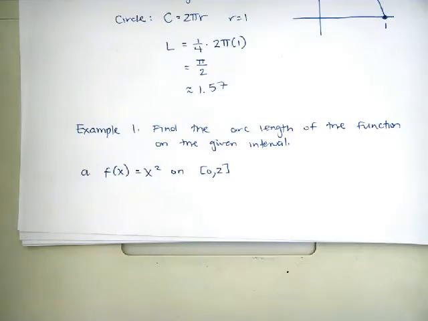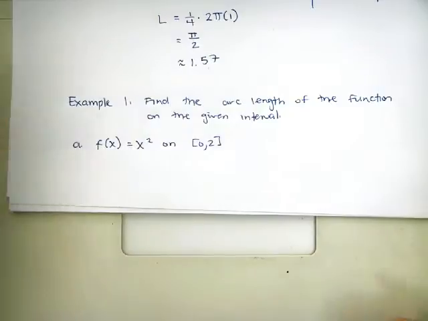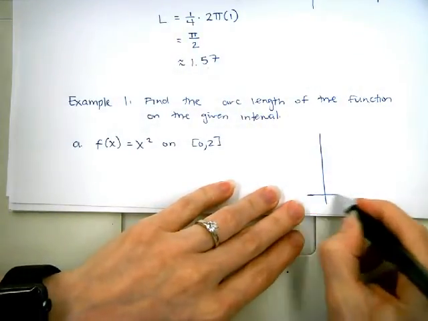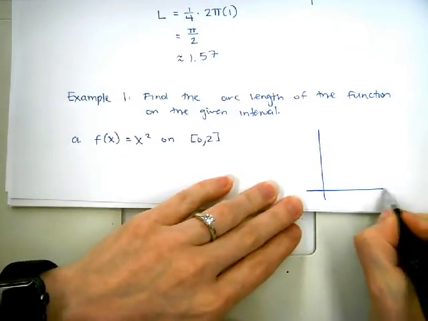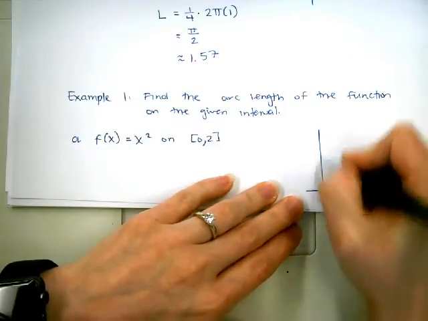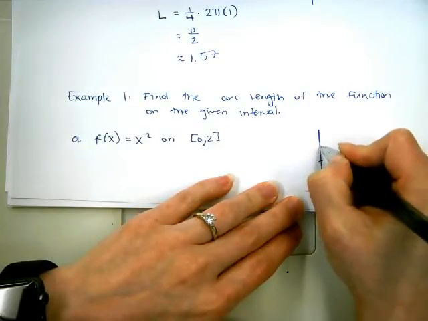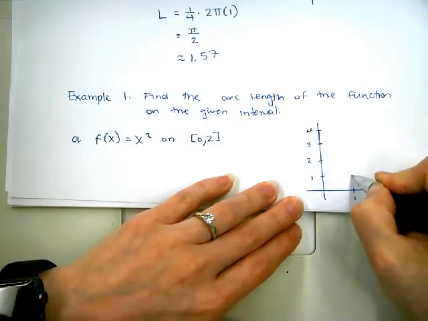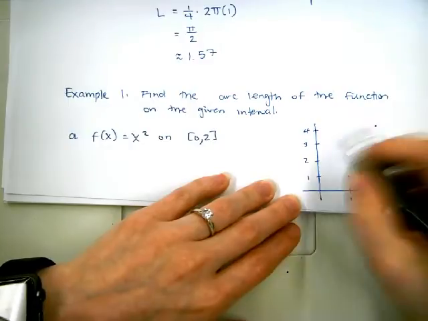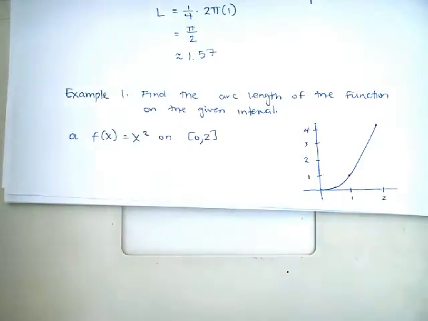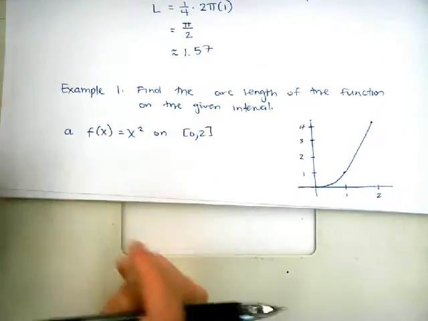Let's draw it so we can get an idea of what the arc length is going to look like. I'm just going to draw x squared from 0 to 2, so I need to go up to 4. And 1 squared is 1, 2 squared is 4. Okay, so there's x squared on the interval from 0 to 2.